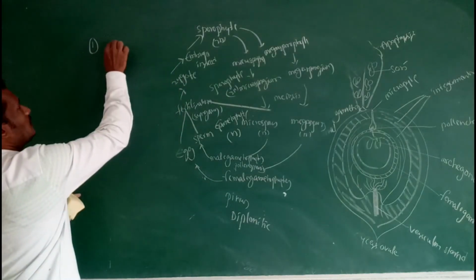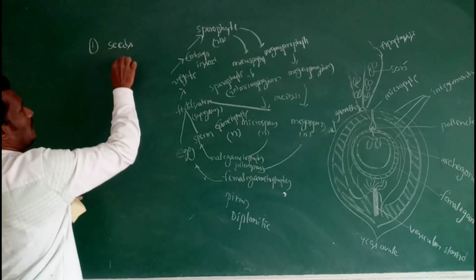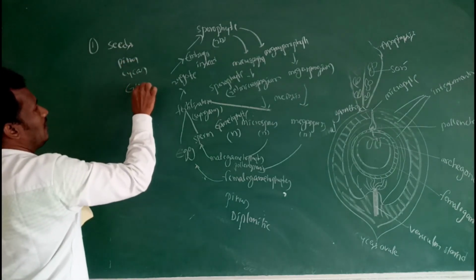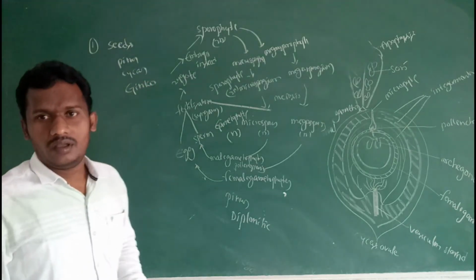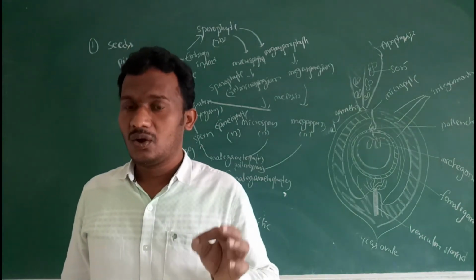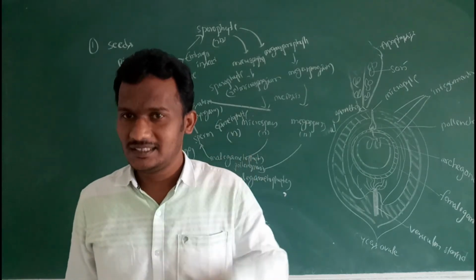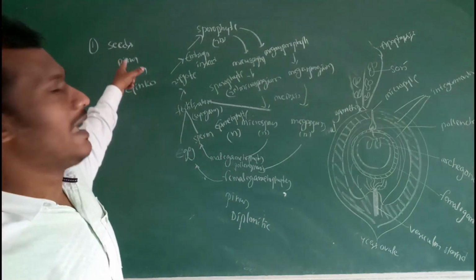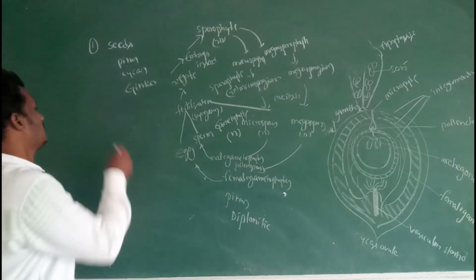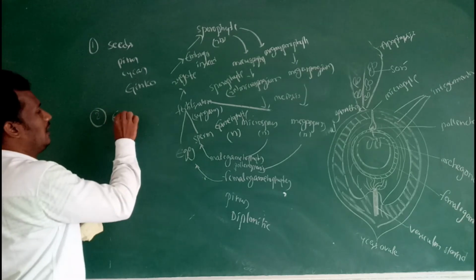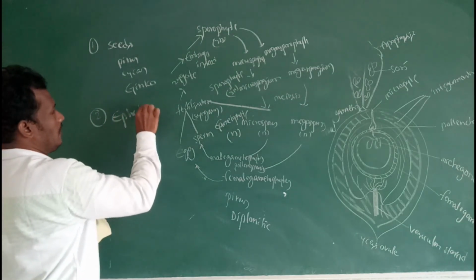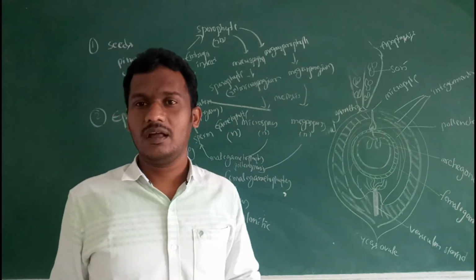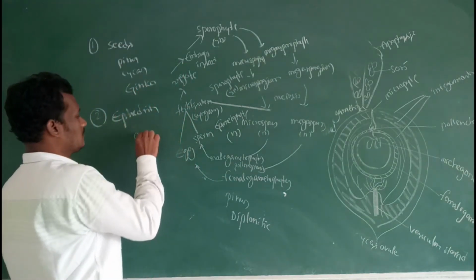Then the seeds of gymnosperms, for example Pinus, cypress, and ginkgo, are useful as food. The roasted endosperm of the seeds is useful as a food material. Then ephedrine is a drug useful for respiratory ailments.